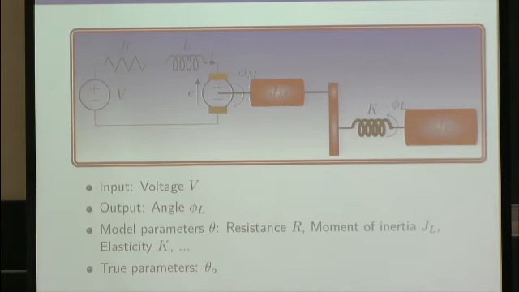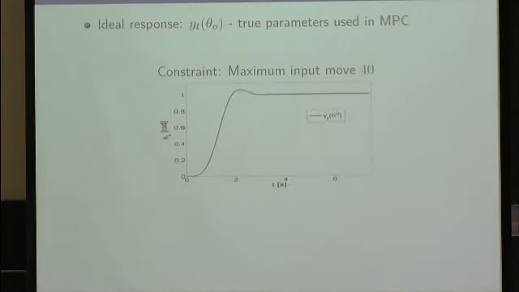So we have a number of model parameters. I will call them theta. In this case, we have, for example, these things here, and we'll denote the true parameters by theta naught. Now, if I had access to the true parameters, assuming that the model I gave on the previous slide can really represent the true system, I would of course use those parameters in my controller, in my control algorithm.